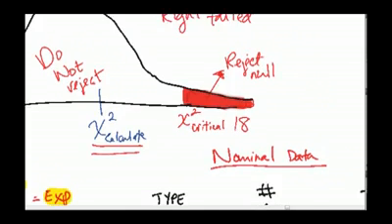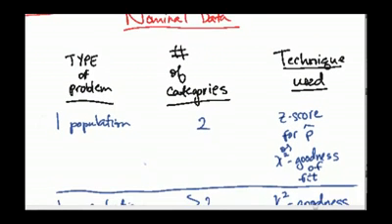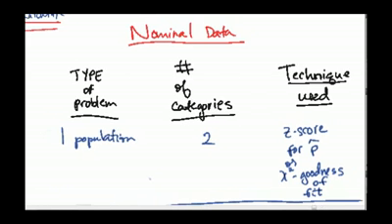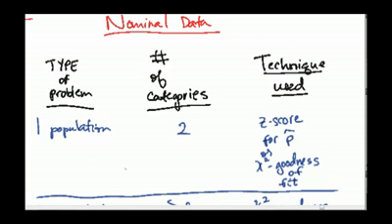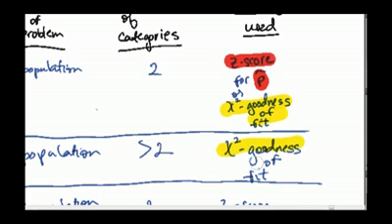All right. So this is a breakdown of the nominal data that you should have looked at by now. If there's only one population and we're dealing with two categories only, then we use that z-score stuff that we did with the p-hats a while ago, or you can use the chi-squared stuff that we're using now, goodness of fit. Okay. If the categories are greater than 2, then you have to use the chi-squared goodness of fit.